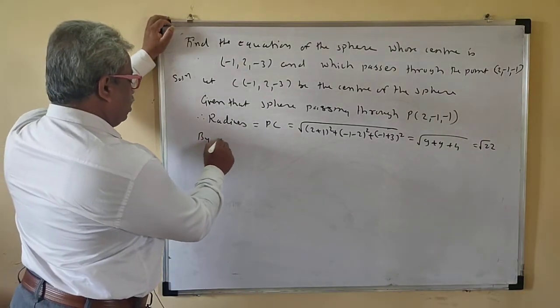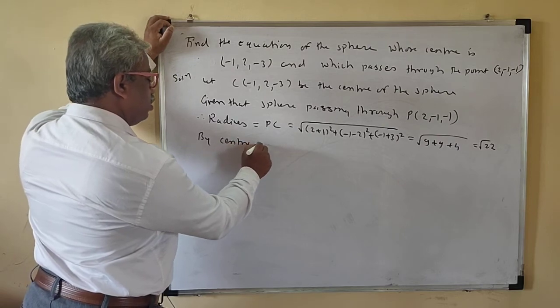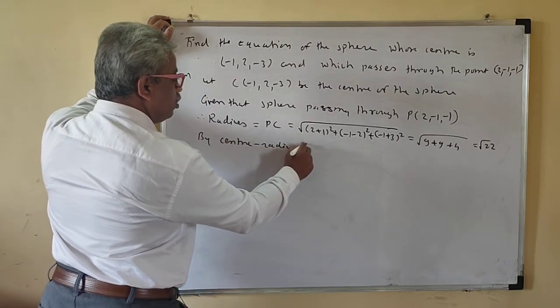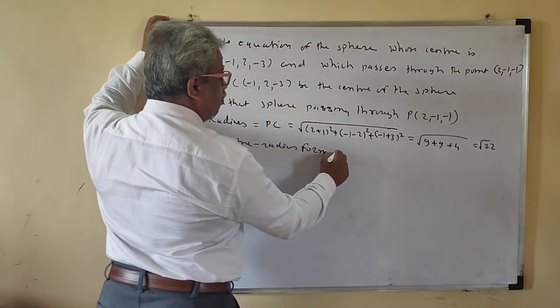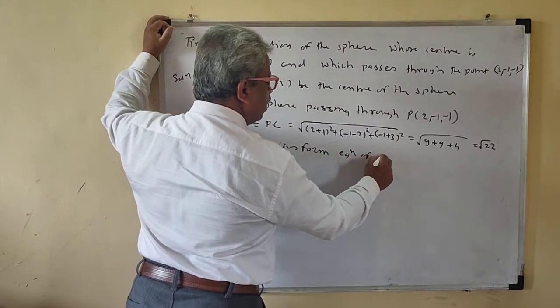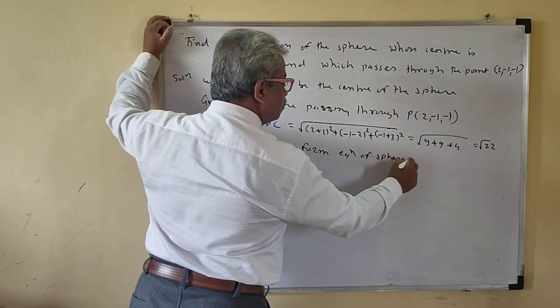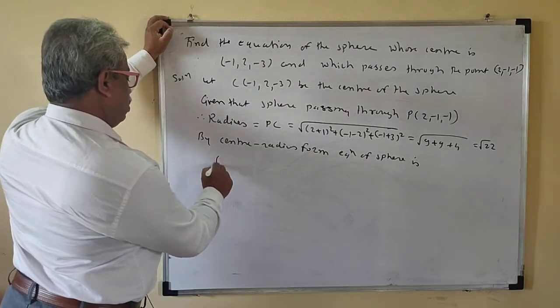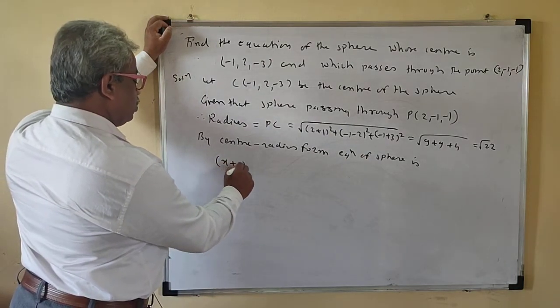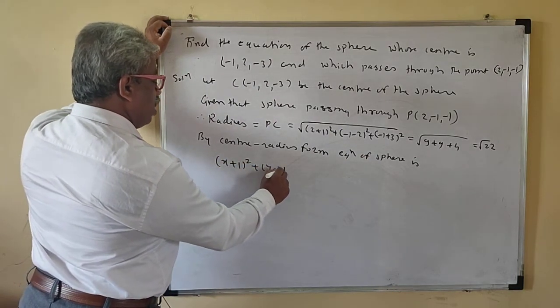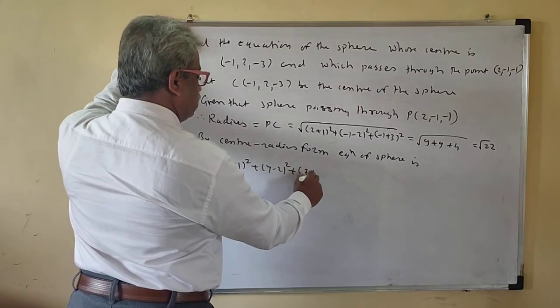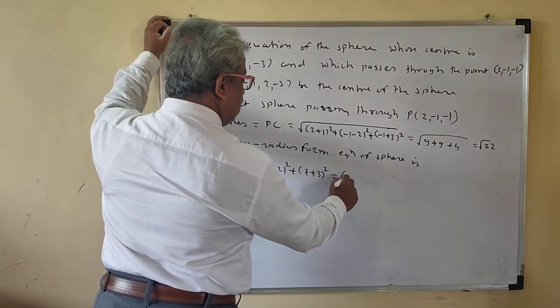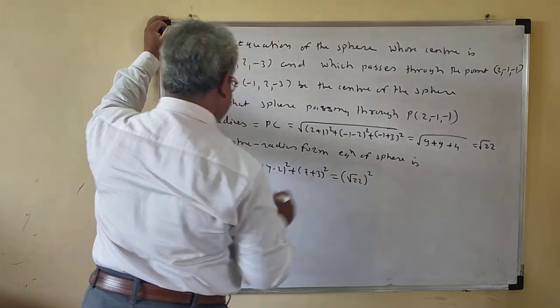So by center radius form, the equation of the sphere is (x + 1) square plus (y - 2) square plus (z + 3) square is equal to root 22 square.